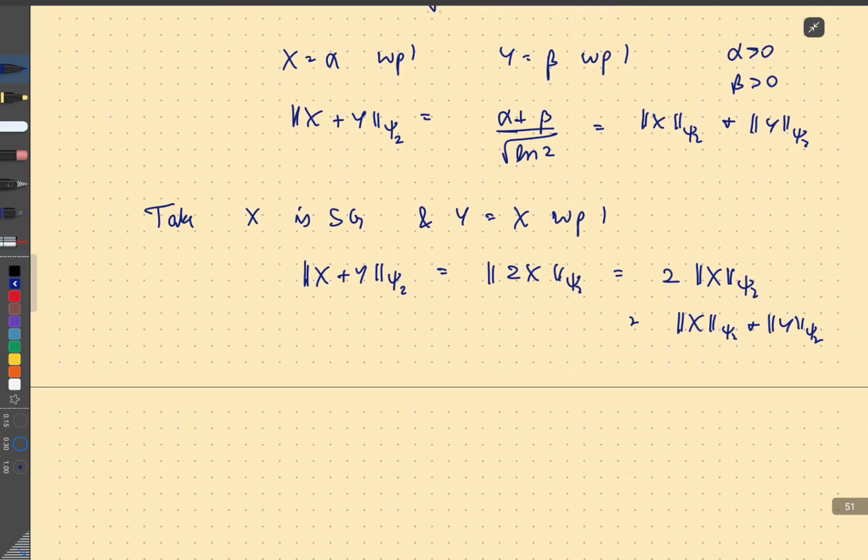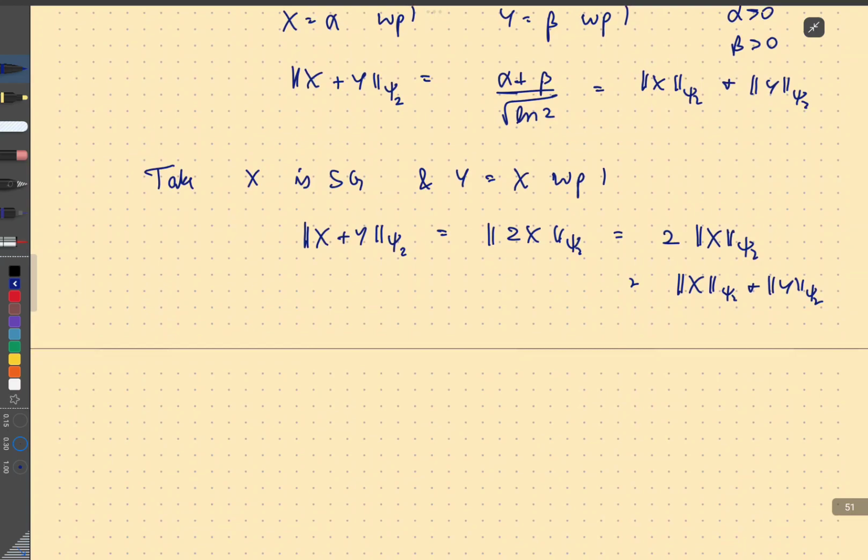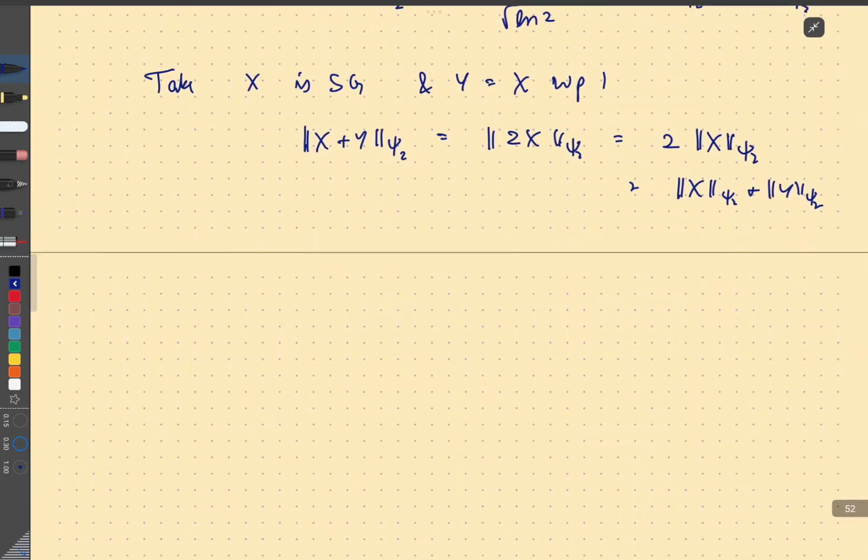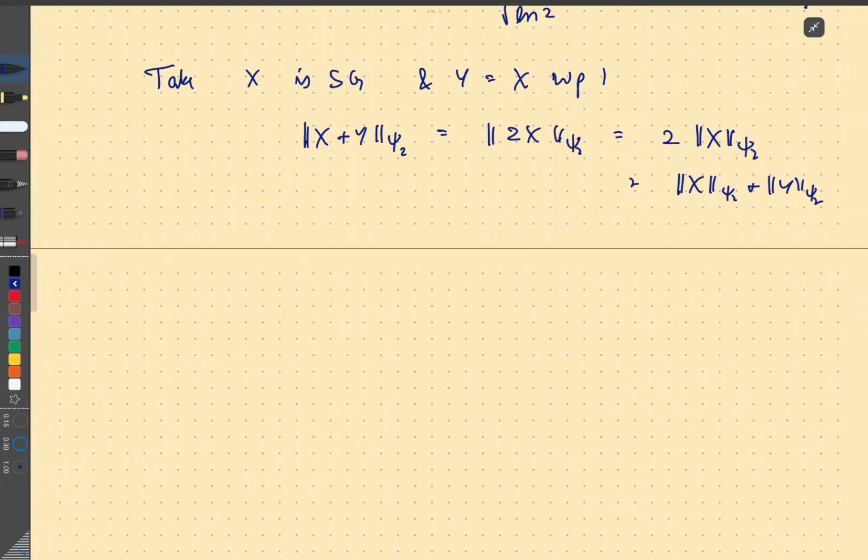So more generally, the equality holds when x and y are very tightly correlated with each other. Right? But what happens if x and y are independent of each other?